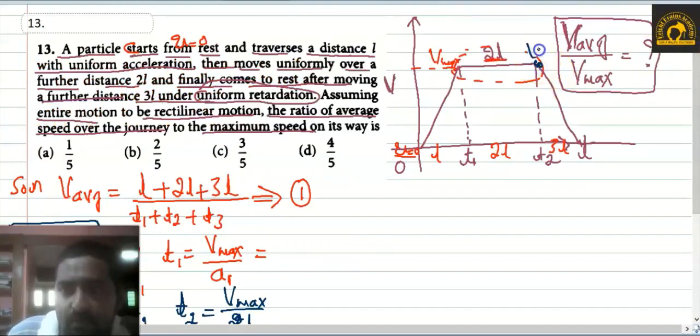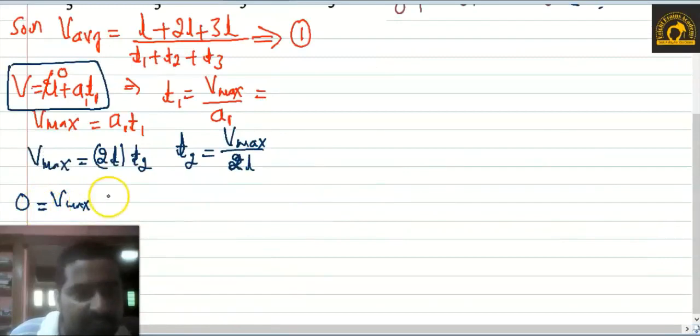This is V maximum, then it decreases, and the final velocity becomes 0 on this retardation curve. So that is 0 equals V maximum plus A2 T2. Then T3 is equal to V maximum divided by A2.